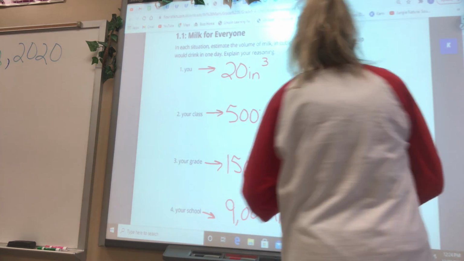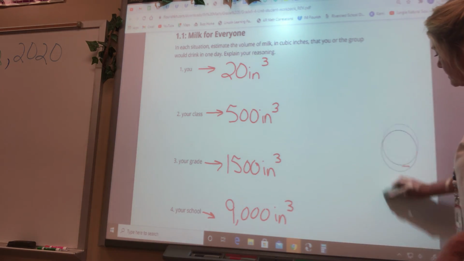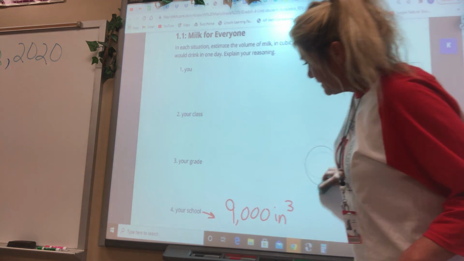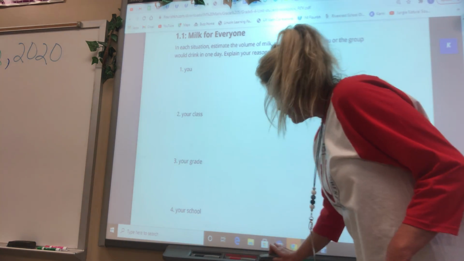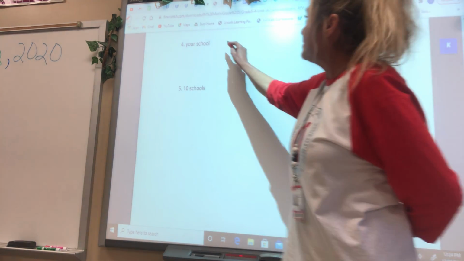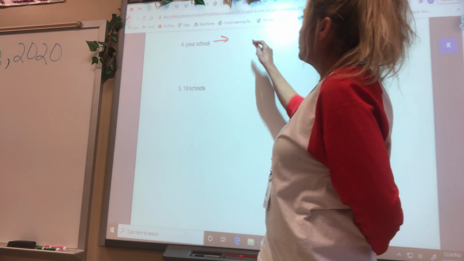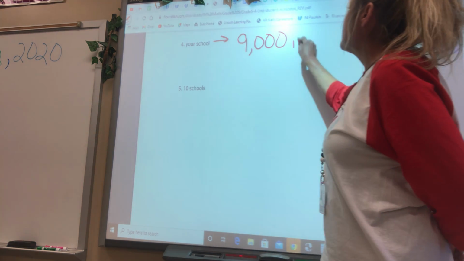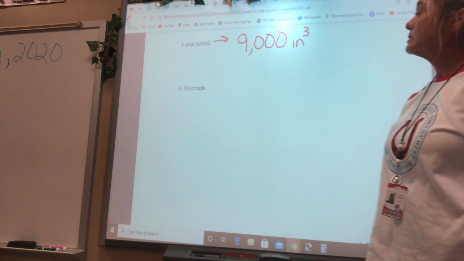And the final one on the page asks us, well, what about 10 schools? How much could 10 schools drink? Well, we just said that just the one school can drink about 9,000 per day.